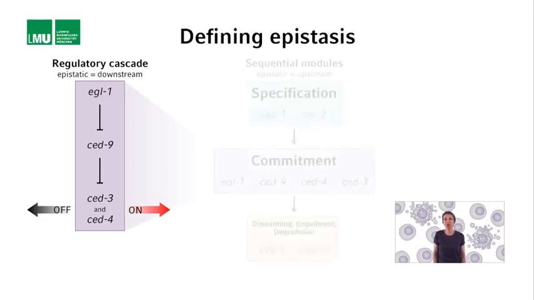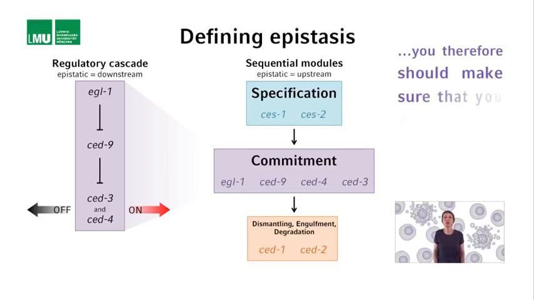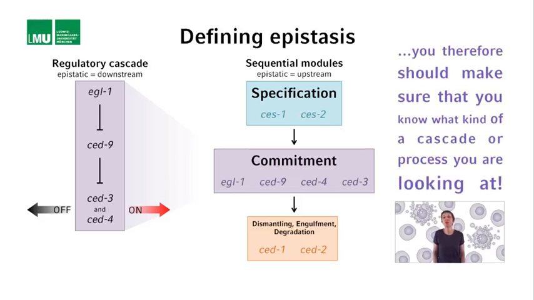In contrast, when you are working with genes that are components of different steps that act sequentially and that each are dependent on the completion of the previous step, in a double mutant, you will see the phenotype caused by the gene that acts most upstream, since once blocked, the cascade is interrupted and cannot proceed to the next step. When you are performing epistasis analyses, you therefore should make sure that you know what kind of cascade or processes you are looking at.